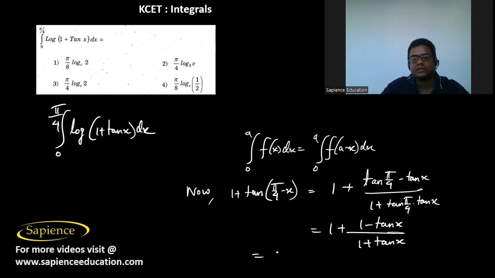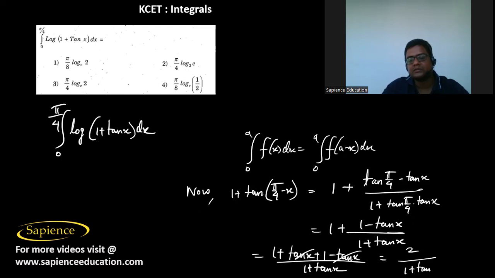Now if you take the LCM, then we will get (1 plus tan x plus 1 minus tan x) by (1 plus tan x). So tan x will cancel, and this is 2 by (1 plus tan x).